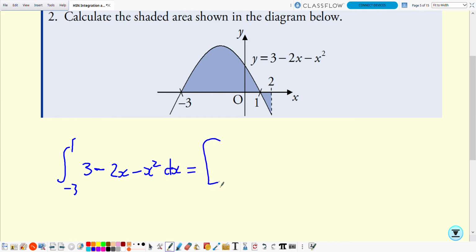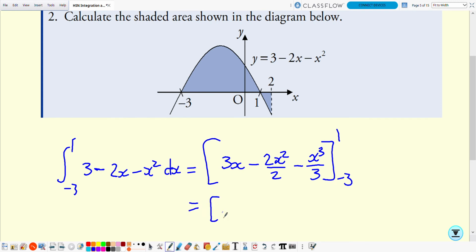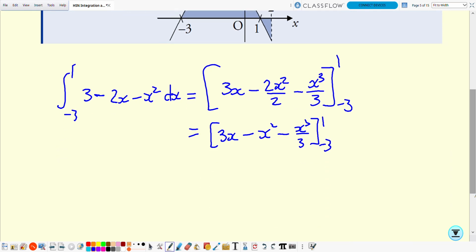So when we integrate that, remember a number on its own, you bring back the letter, so we get 3x, minus 2x squared over 2, and minus x cubed over 3, and you're integrating between -3 and 1. Simplifying that a wee bit, we get 3x minus 1x squared minus x cubed over 3, or you can write that as a third. So you've got 1 and then minus 3.